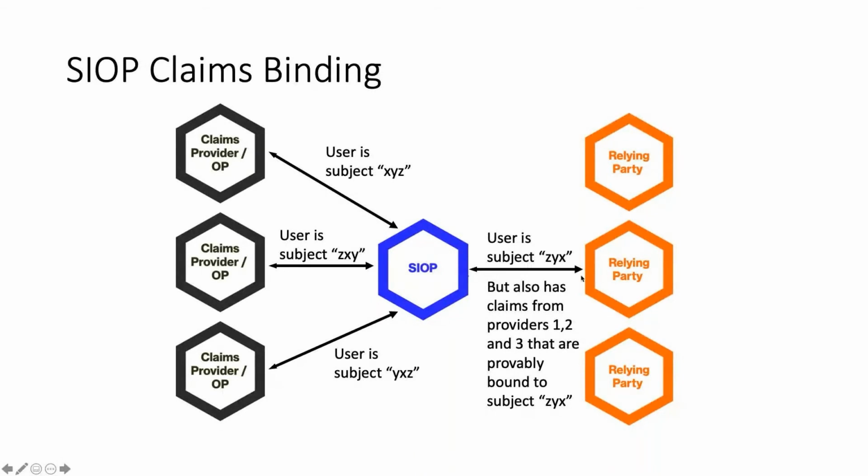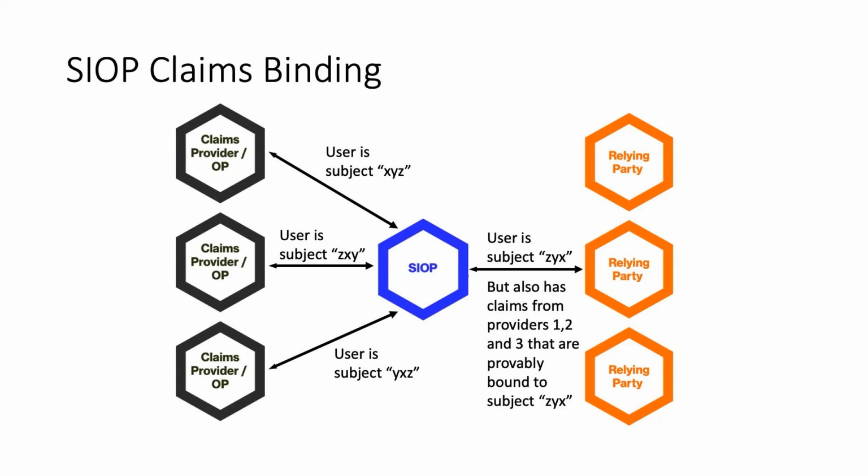So we need to make sure that the binding back to the original providers for the claims being presented is suitably bound, as the SIOP is in charge of the user identifier that the relying party is to rely upon. Therefore, the thing the SIOP provider is really doing, in reference to claims provided by other OPs, is asserting that those claims are related to that subject that the relying party has authenticated.